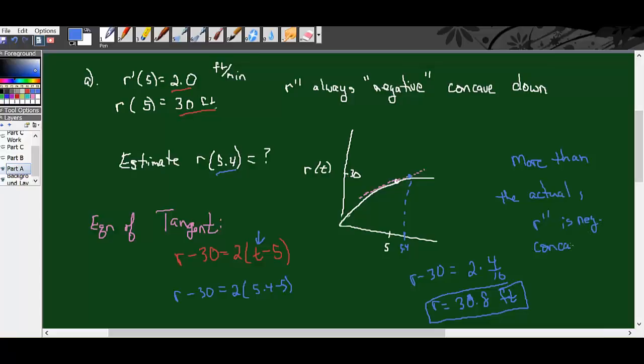The function is concave down at that point. What that means is all the actual values are going to fall below the tangent. Since the function is concave down, the actual values fall below the tangent. Okay, so that's part A. We haven't really covered that yet in class, but I was interested to see if any of you could figure that out. That's upcoming.